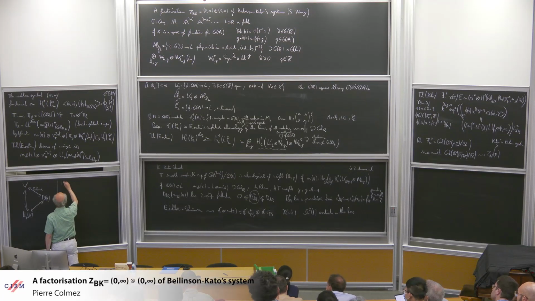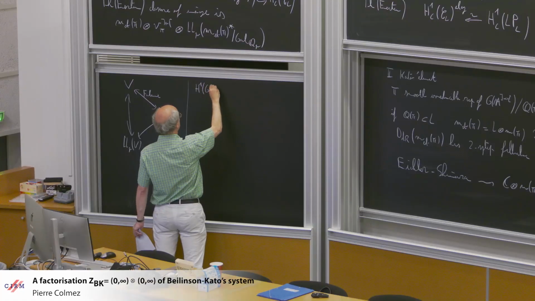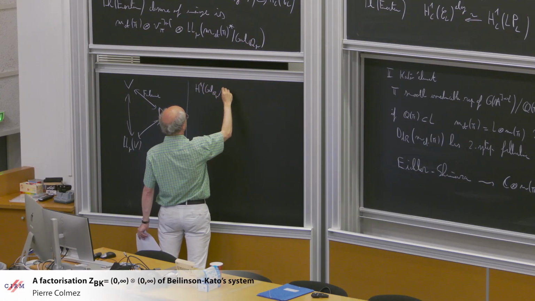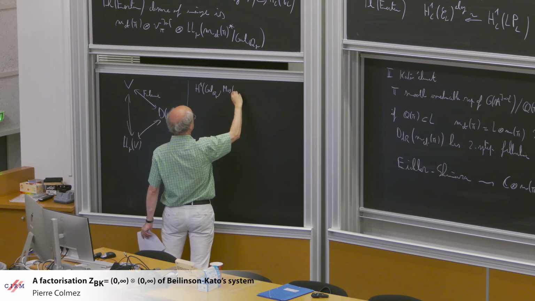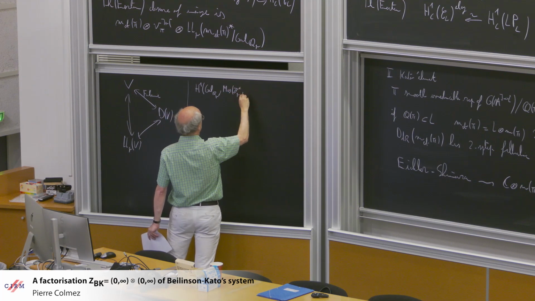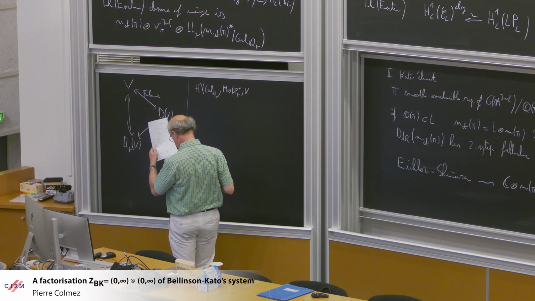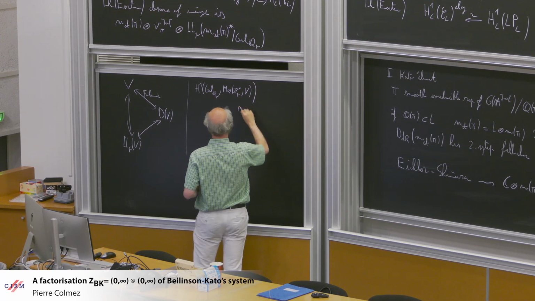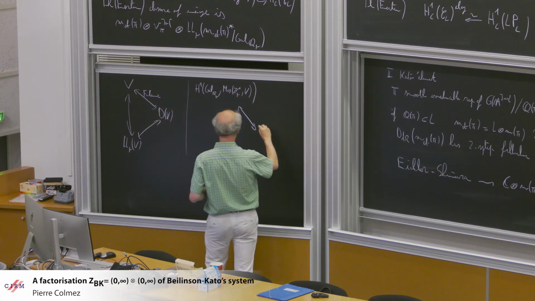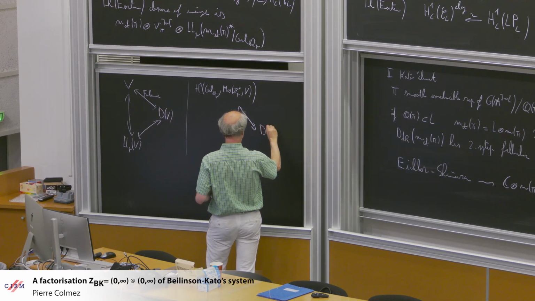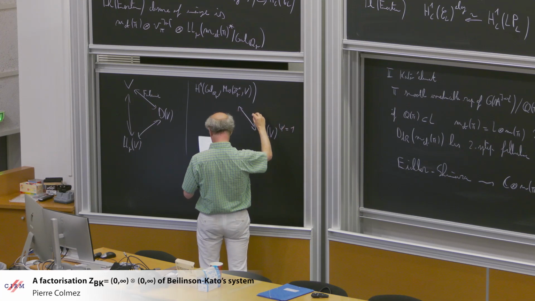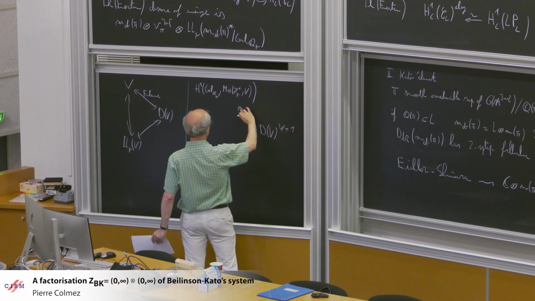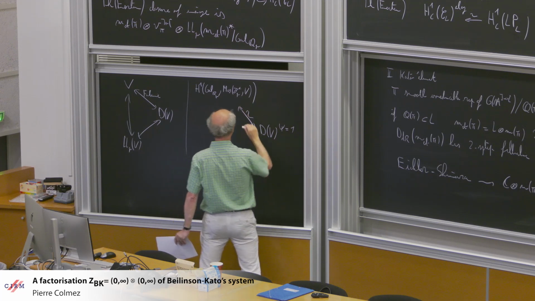So you have H1 of Gal Q_p with values in the measures on Z_p star with values in V. So this corresponds to a submodule of D of V, which is D(V)^{psi=1}. So this is a result of Fontaine. And the map which is here, it's an isomorphism.